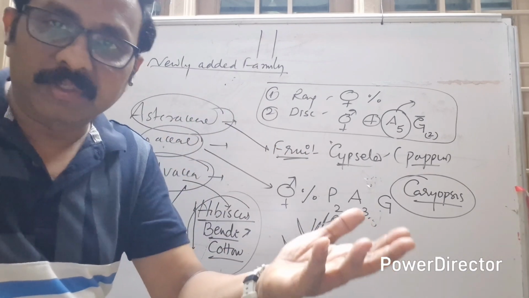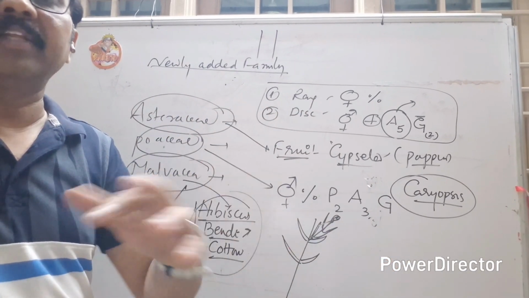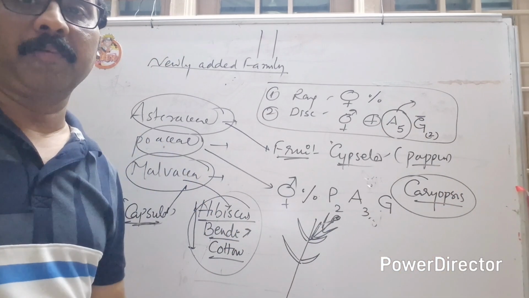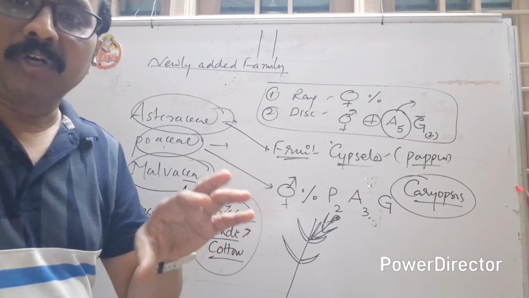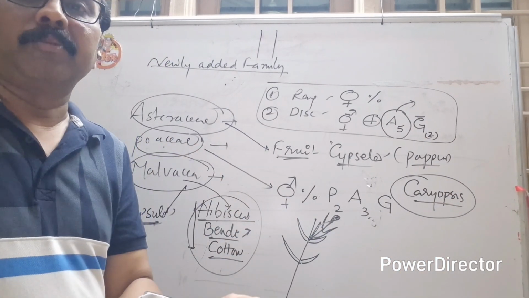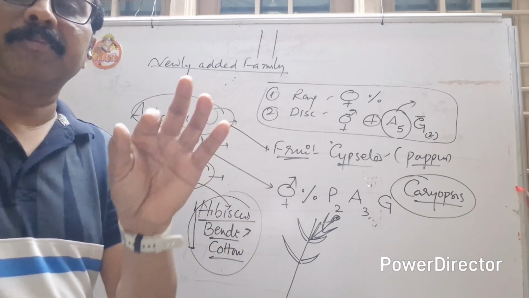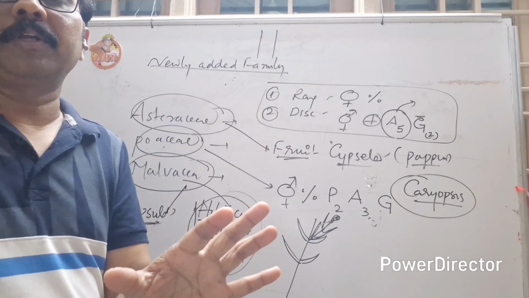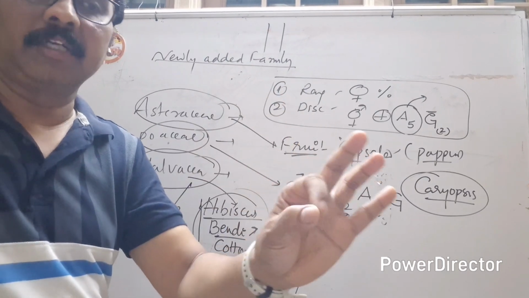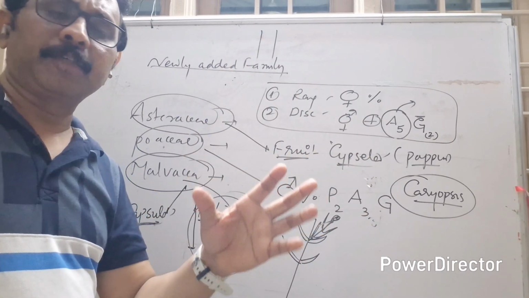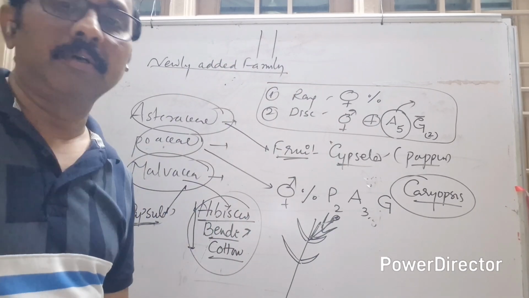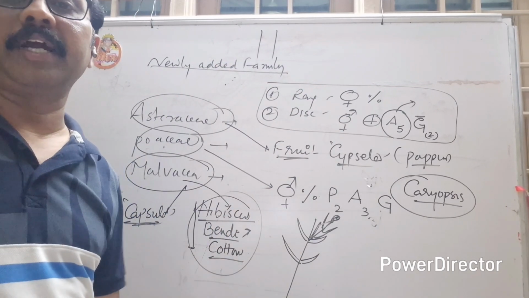Most are capsules, some are berries. While the question is asking, you can go with Solanaceae, Liliaceae, and vice versa. Do not worry about the newly added families. First of all, you have to remember the floral characters carefully, and then you can easily get the answer. I expect that match-the-following questions will come from the newly added families.